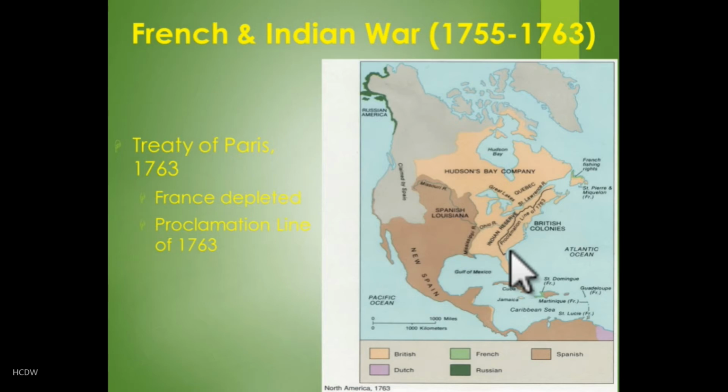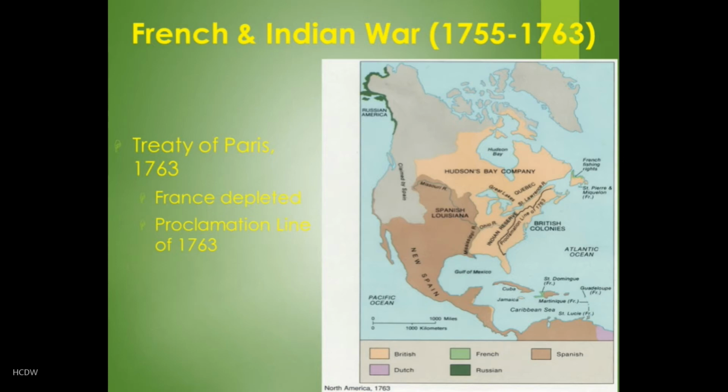There's another important element of this treaty. It actually comes about after the treaty itself, but it's called the Proclamation Line of 1763. And as you can see on this map, it essentially runs down the spine of what is today the Appalachian Mountains. With this line, the British government tried to set up a peaceful boundary between the British settlers and the Indians.